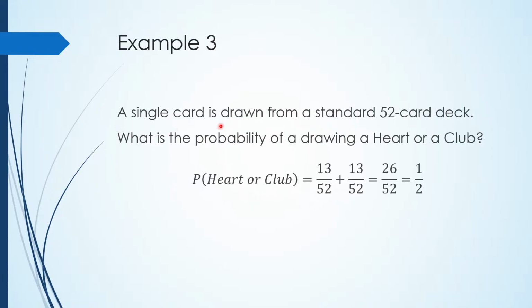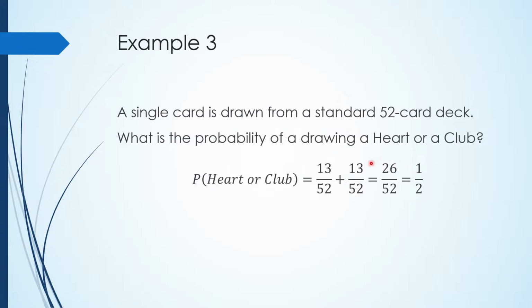So a single card is drawn from a standard 52 card deck. What is the probability of drawing a club or a heart? There are 13 hearts in the 52 cards, and there are 13 clubs in the 52 cards. So the number of successful outcomes is 13 plus 13, which is 26.